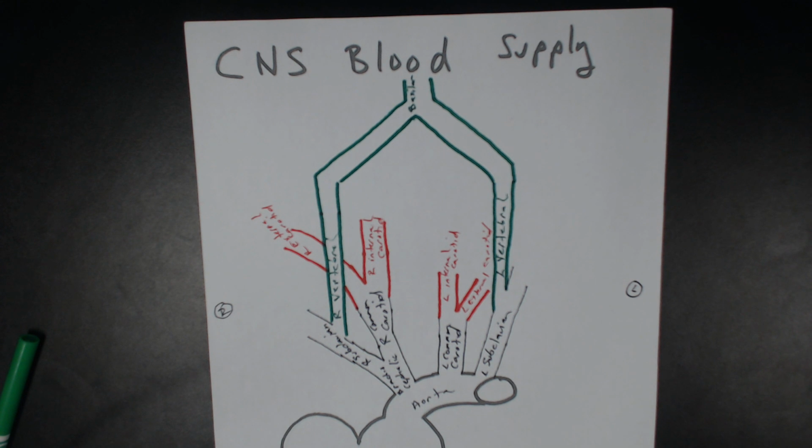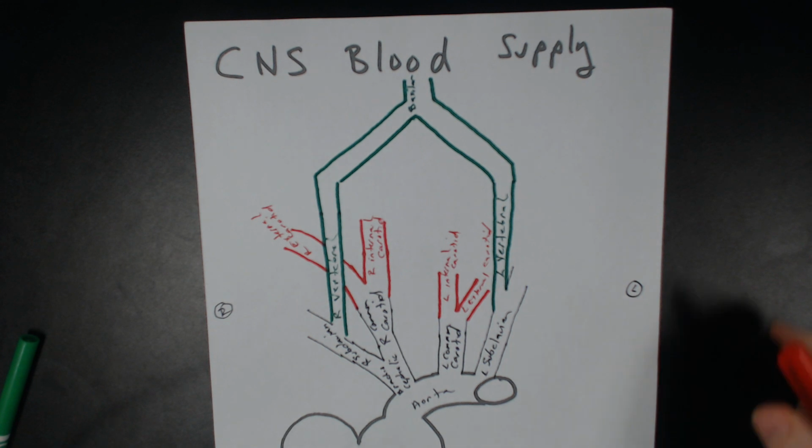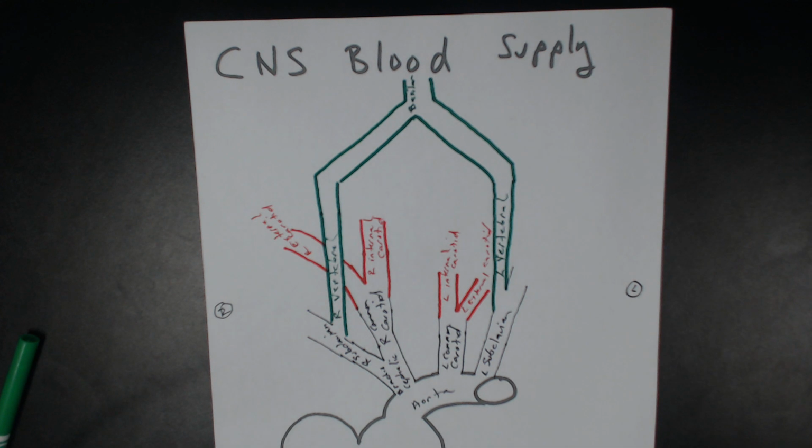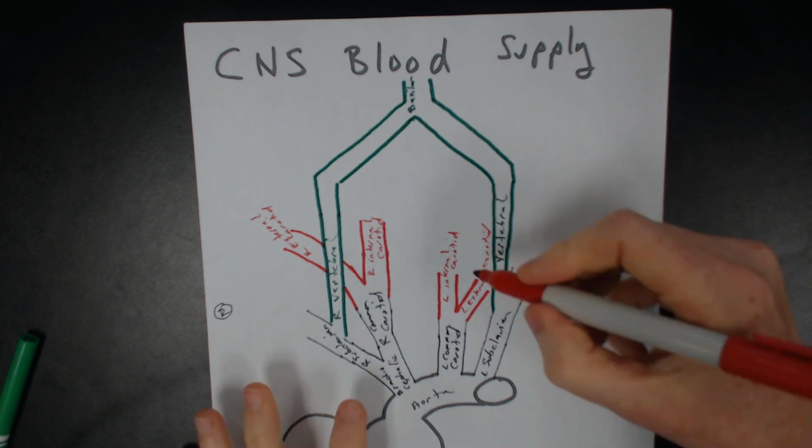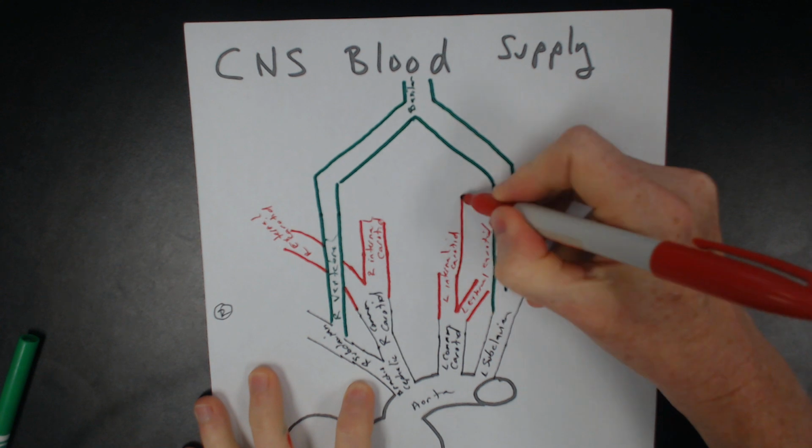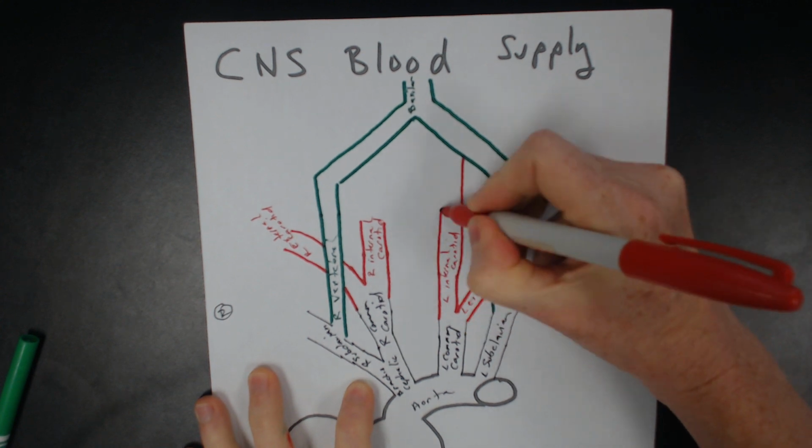Can anyone tell me, is it the internal or the external carotid that's going to supply blood to the anterior portion of your brain? What's the main artery? Which one? Internal or external? Internal, correct. It is the internal carotid artery. So what happens is the internal carotid arteries just travel straight on up. Nothing fancy.